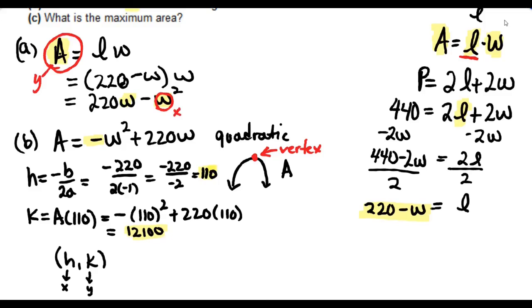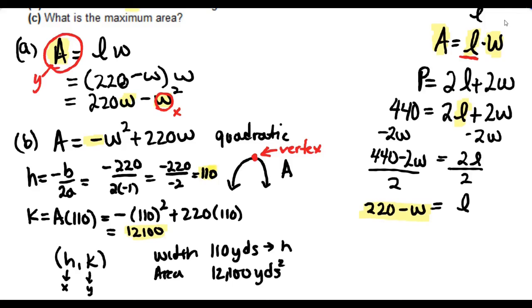So for the width, we get 110, that would be yards, and that is our h. And for the area, we get 12,100. That would be square yards, and that's our k.